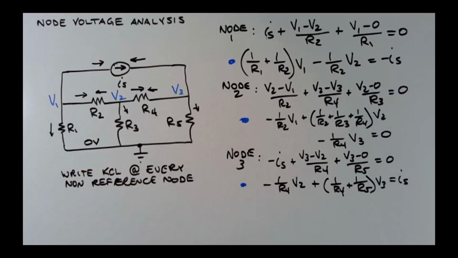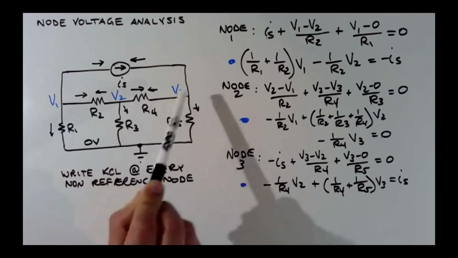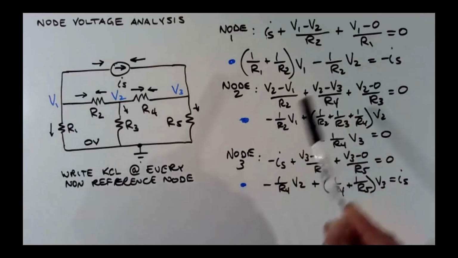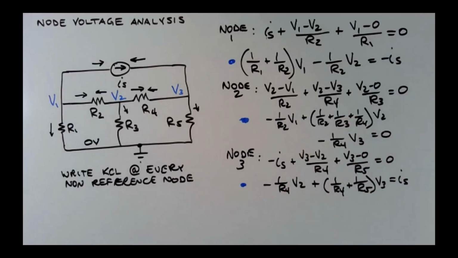What's kind of neat about this is you're guaranteed to get enough linearly independent equations for this approach, meaning you'll have 3 equations for your 3 unknowns. So instead of randomly writing KVLs and KCLs in a circuit and hoping they're all independent, this is a systematic way to do that. You just write a KCL equation at every non-reference node, and you get enough equations. Okay, so it's kind of neat that it works out.